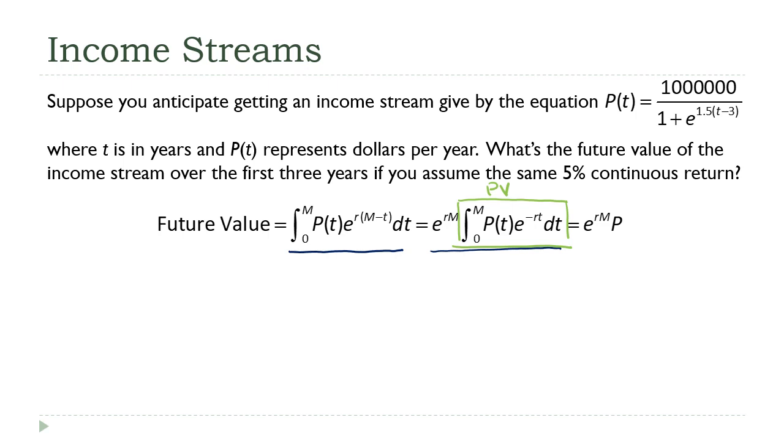Because that integral isn't going to be any easier to do at this point than it was on the last slide. But because we have this value already, because we calculated it on the previous slide, I can just say, look, the future value is e to the 0.05 times m, which is 3 years, times this present value, which was 2,379,400, which my calculator tells me is 2,764,468.